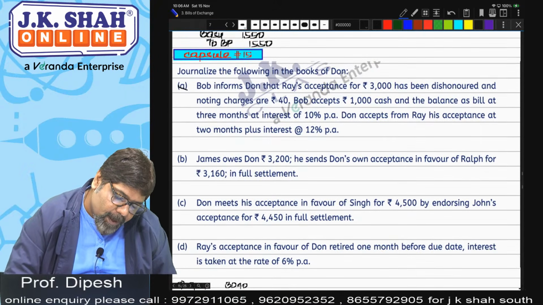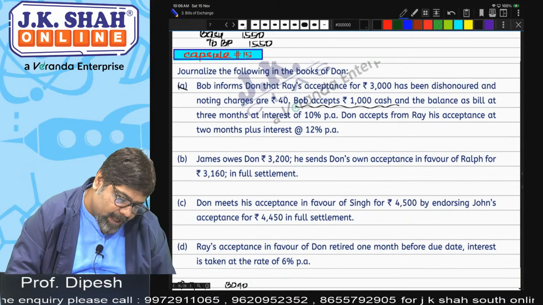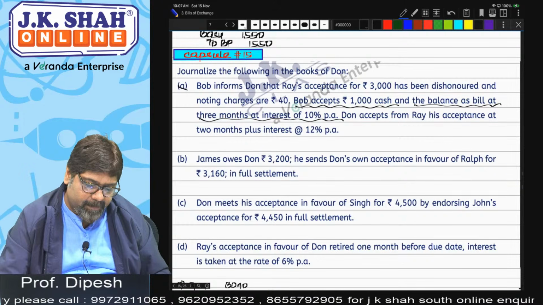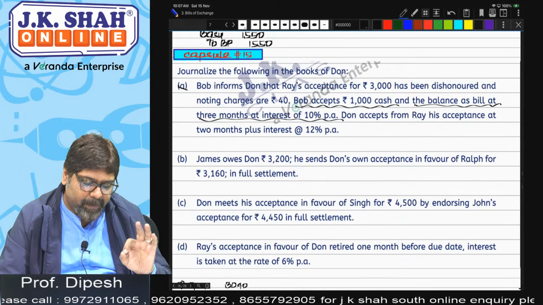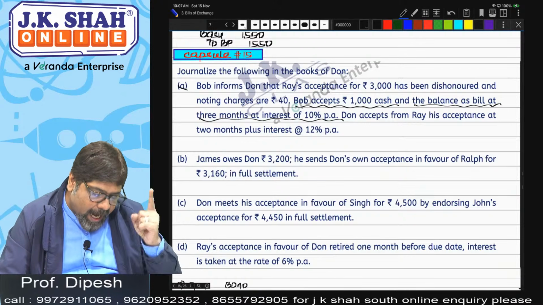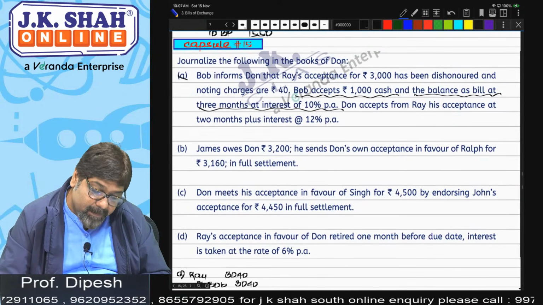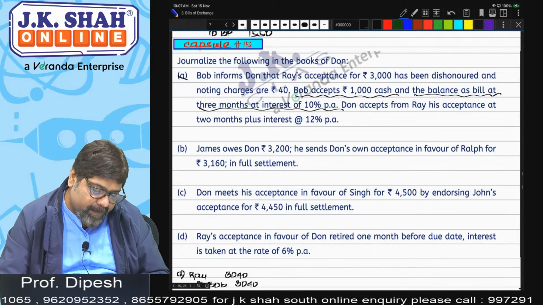Bob accepts rupees 1,000 cash and the balance as bills at 3 months at interest of 10% per annum.